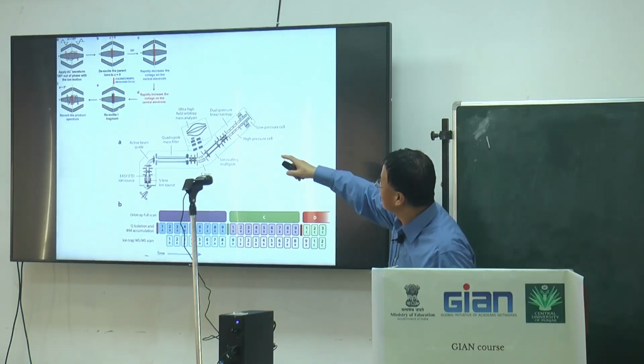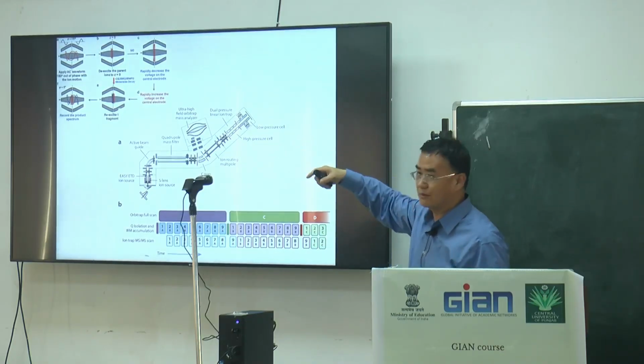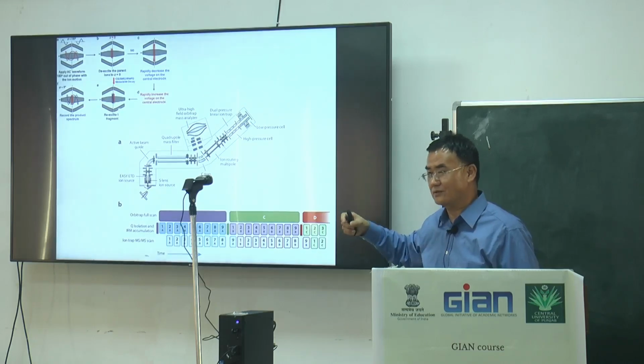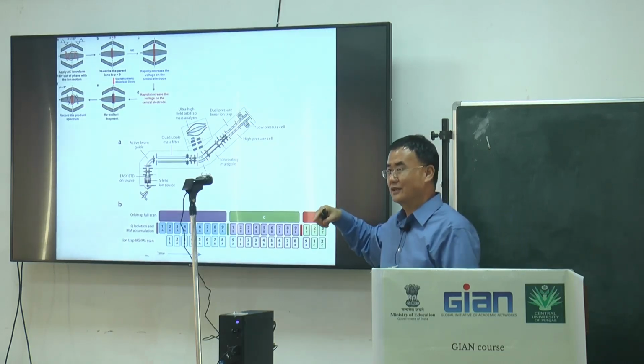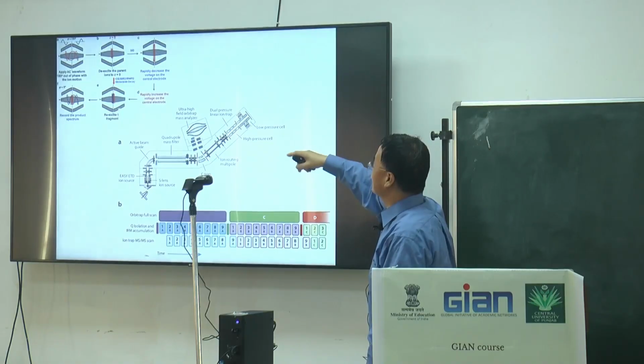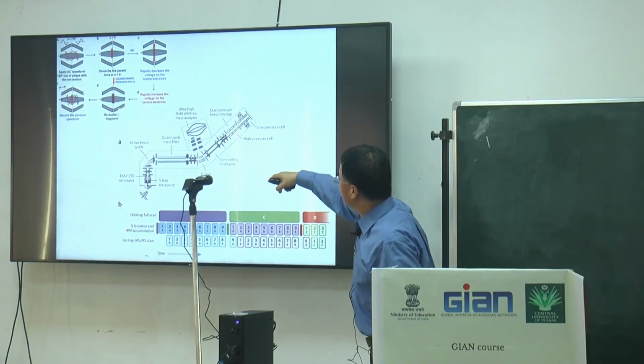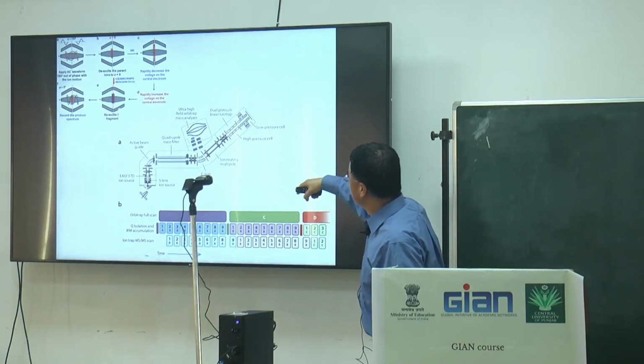So molecules with different electron charge and different molecular weight turn around in different areas and follow different routes.